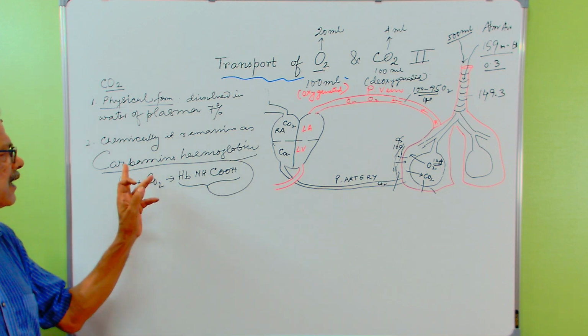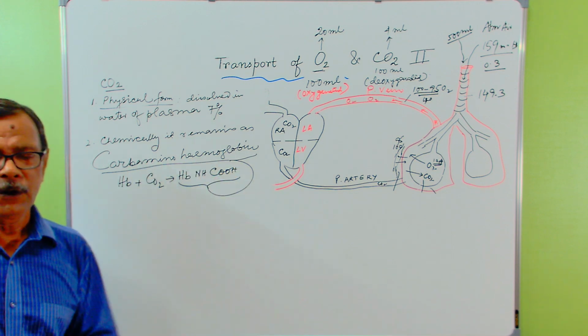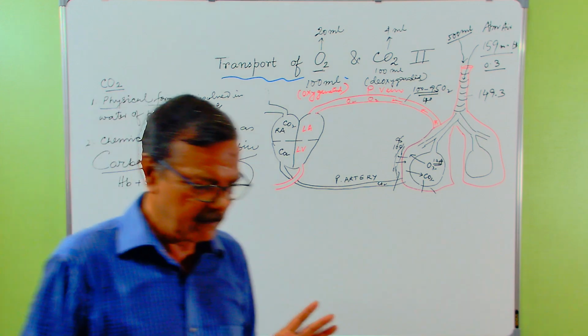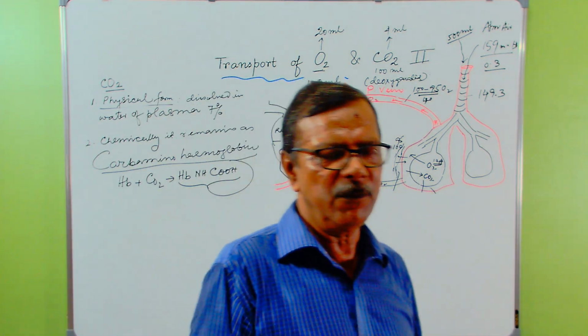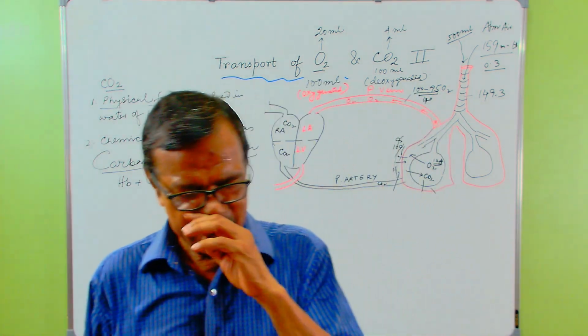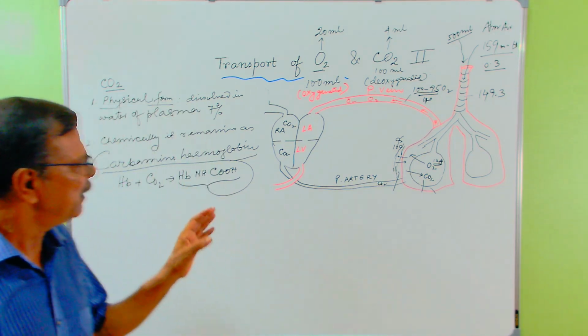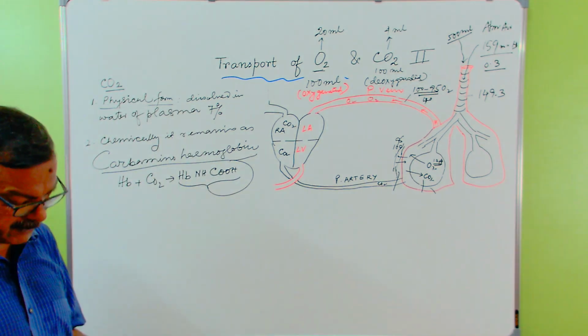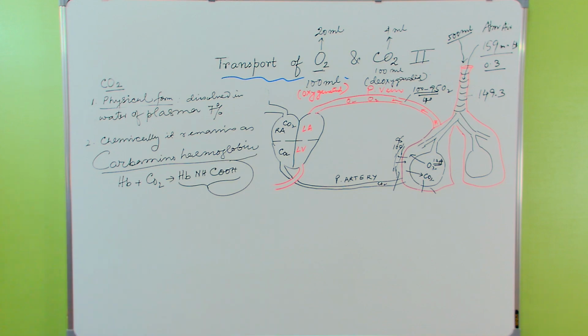So it is known as carbaminohemoglobin, not carboxyhemoglobin. No, it is carbaminohemoglobin. It remains, and this percentage is 23%.